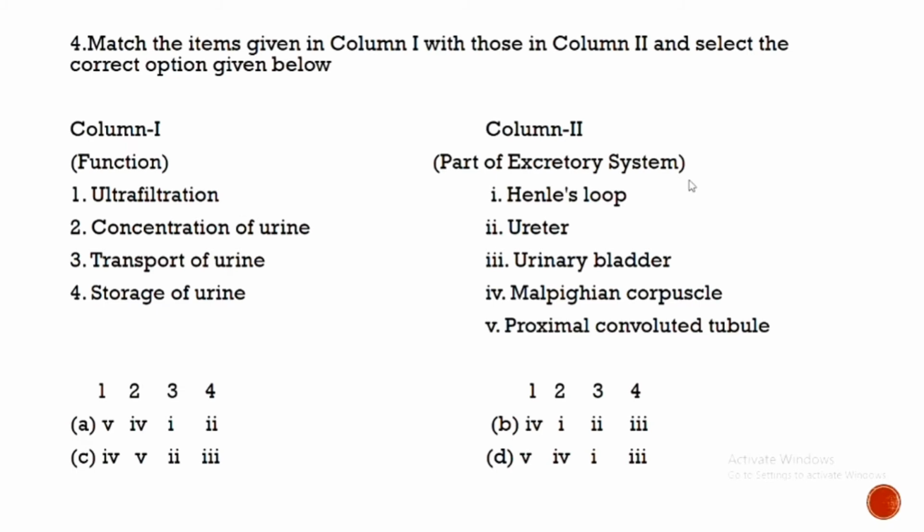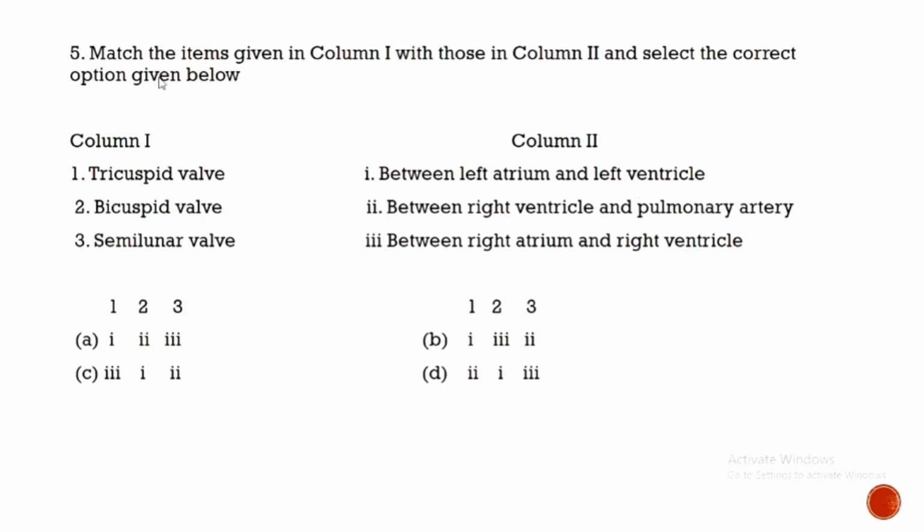Now, going to question number 5. Match the items given in column 1 with those in column 2. Column 1 has the tricuspid valve. The tricuspid valve is a valve present in the heart, between the right atrium and right ventricle.